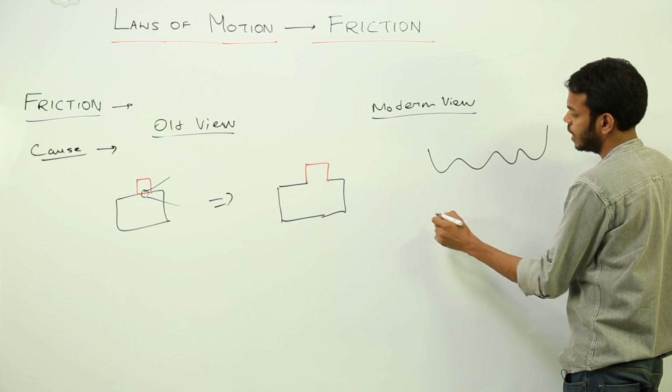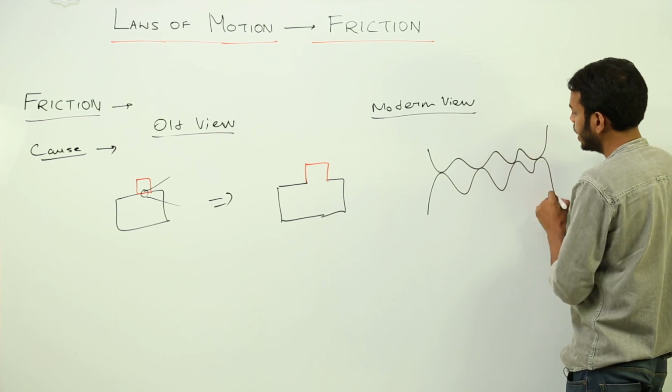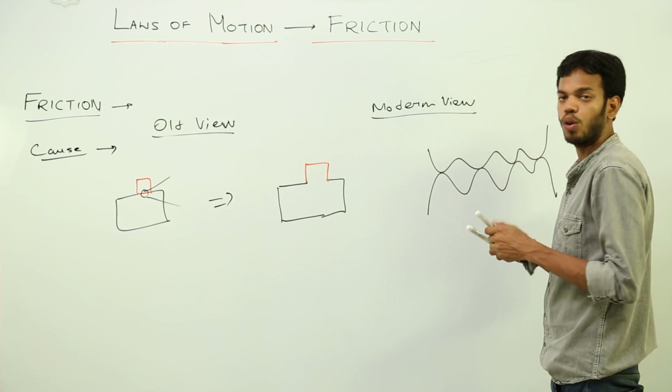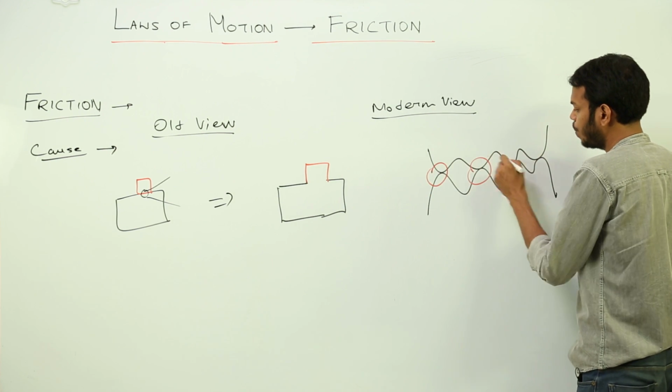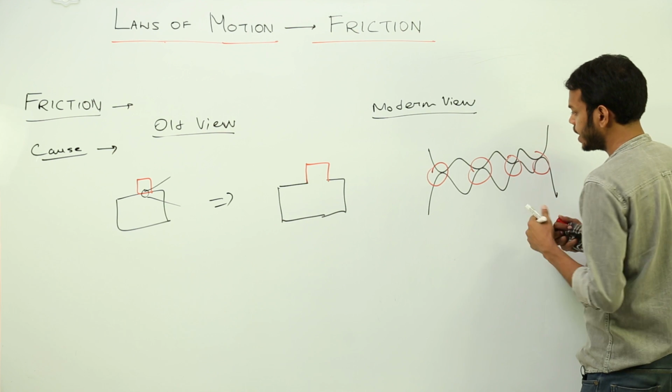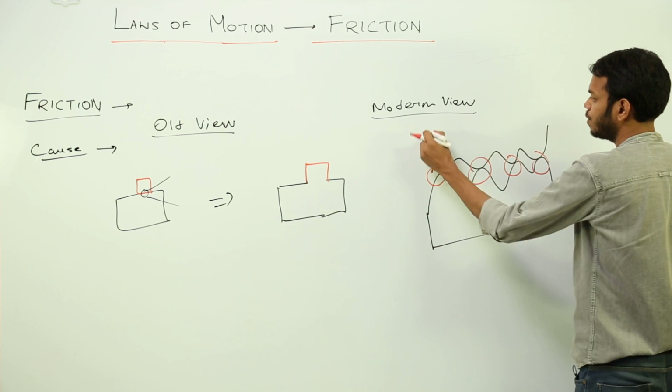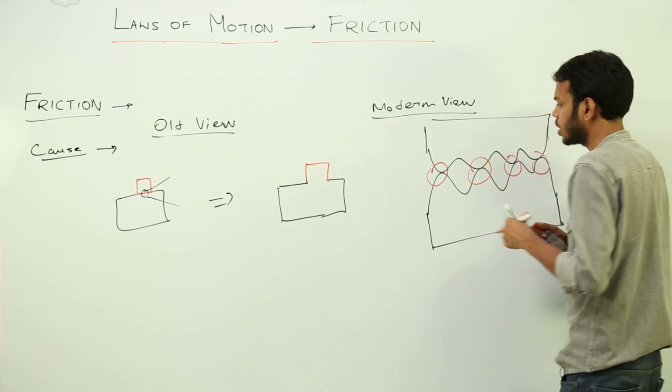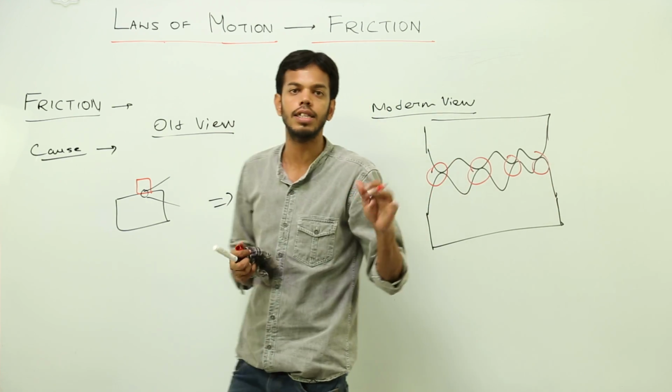Friction is because there is a contact force forming at the actual points of contact. These are two bodies and I have shown you the projections or the irregularities in the surface.